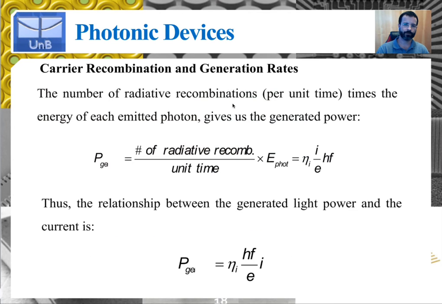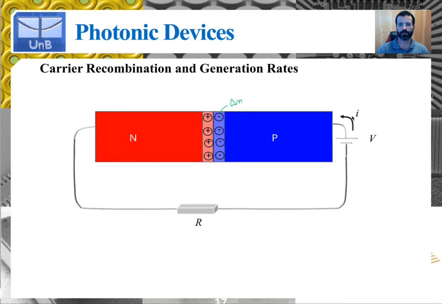If we assume that all of the injected electrons are recombining at the active region, then we can say that the total number of recombinations per unit time is equal to I divided by e, the elementary charge, the charge of the electron.